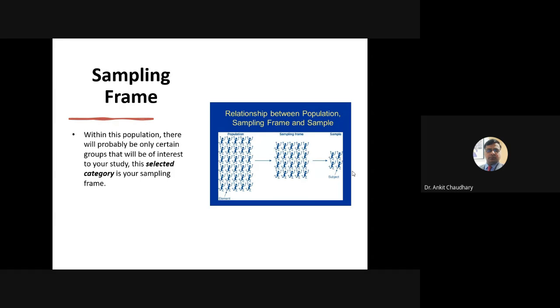So there is a sampling size and a sampling frame which we have to decide, depending on the population. Actually, it has no relation with the population size, but again, it's your choice.